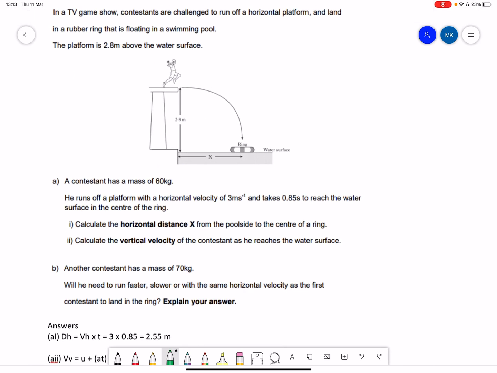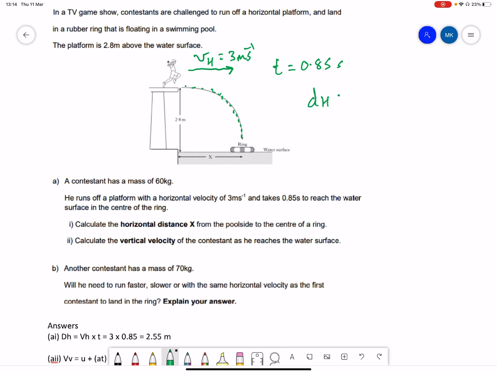So he runs off the platform with a horizontal velocity, VH equals 3 meters a second, and then follows that path. And it takes 0.85 seconds. Calculate the horizontal distance.